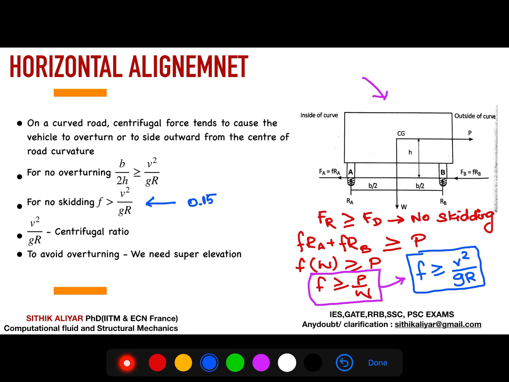If your V square by gR ratio is less than 0.15, then there won't be any skidding. If the speed you are traveling at in that radius gives a very high ratio, then obviously skidding will happen.